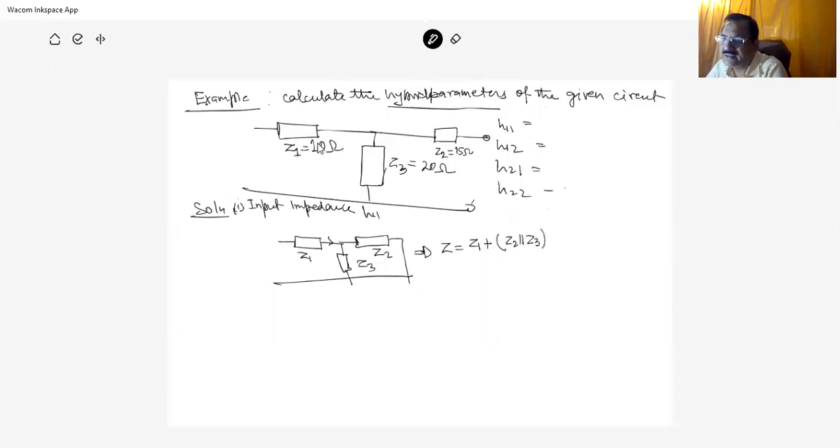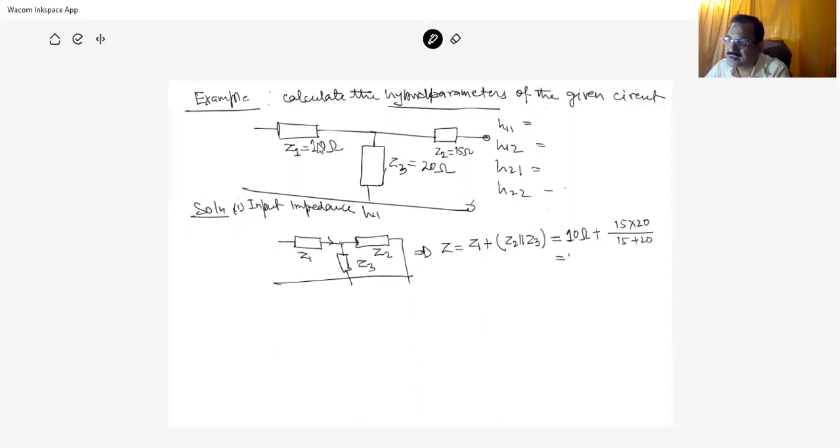Z2 and Z3 are parallel, and this parallel resistance is added to Z1. So what is the value? This is 10 ohm, and this parallel is 15 ohm times 20 ohm divided by 15 plus 20.